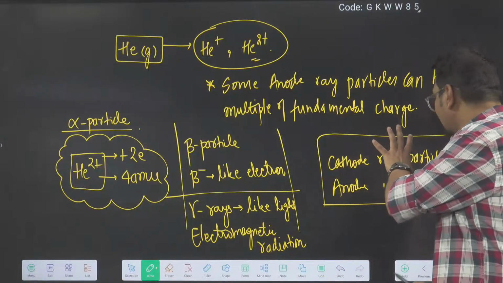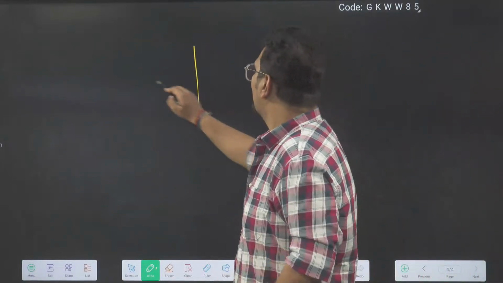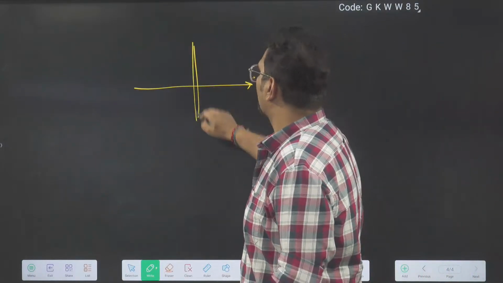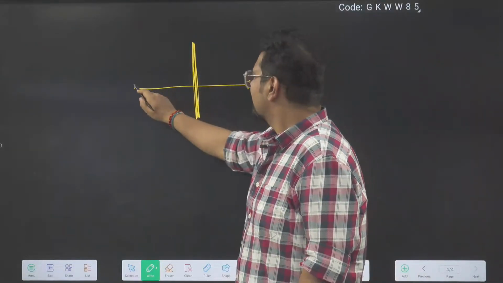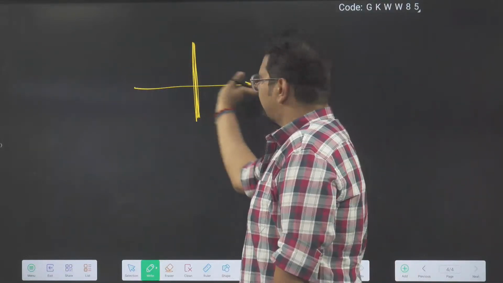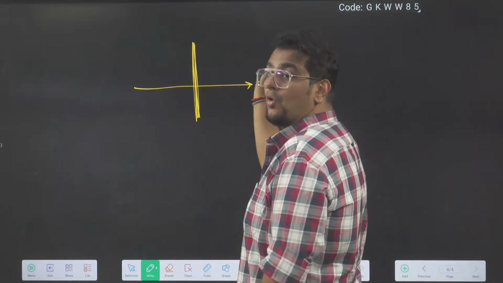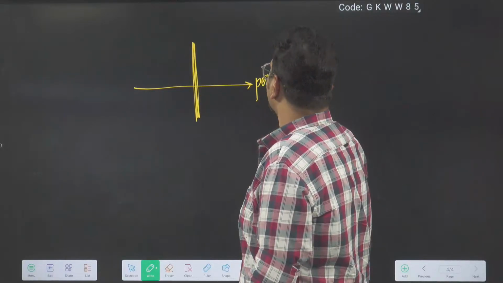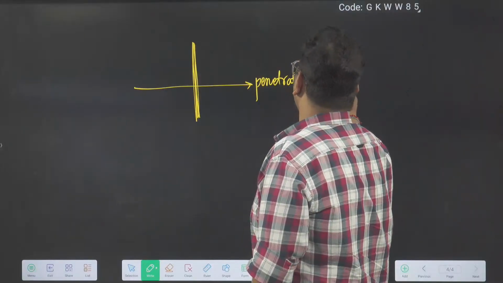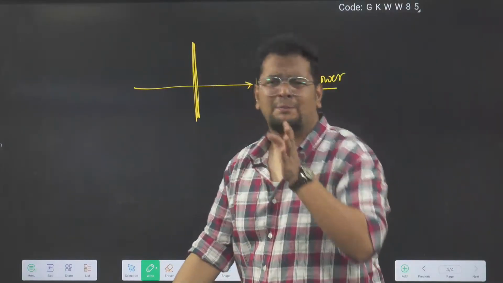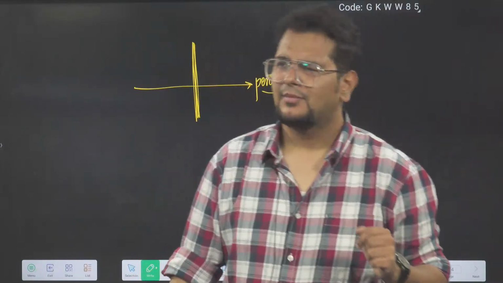So tell me, if I want to check this effect, this is a wall, an object. And these are the particles. This power of passing the wall is called penetration power. So who will penetrate most easily?